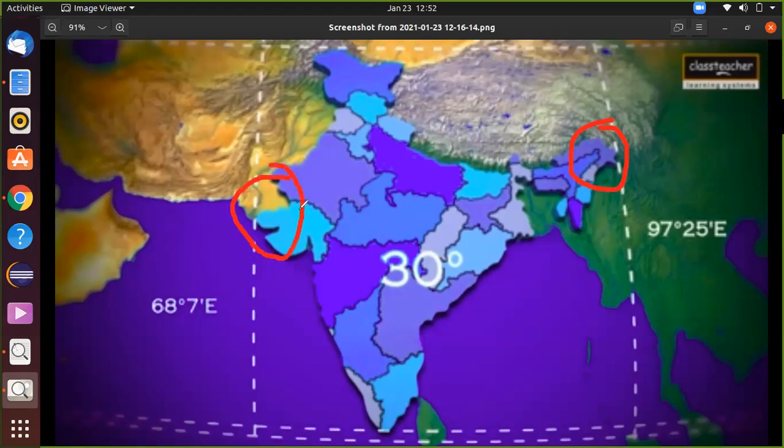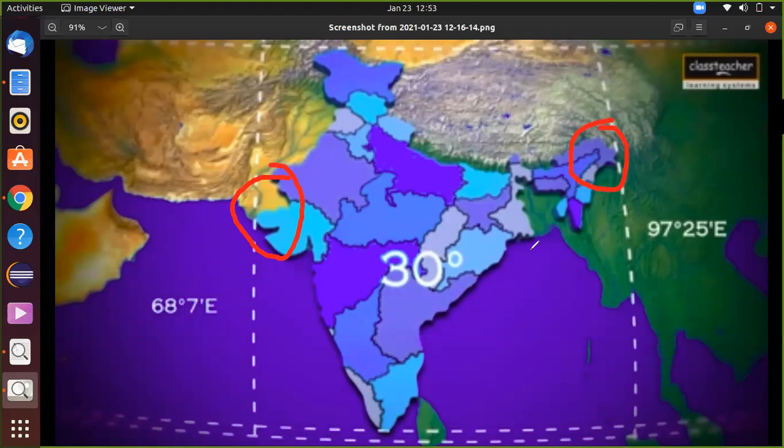So there is a time difference of 2 hours between the easternmost and westernmost parts of India. You understand, because there is a 30-degree longitudinal gap between the eastern and western parts of India, it adds up to 2 hours of difference.